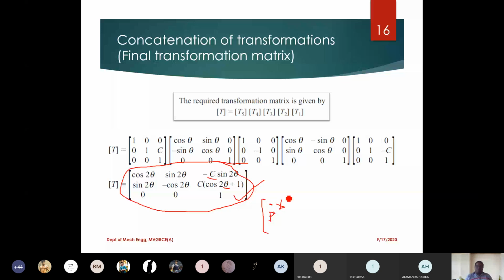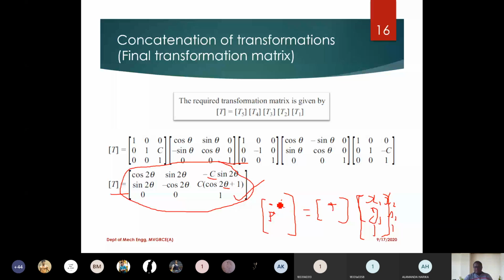In the present question, the original object has 5 points, right? So here you will have x1, y1, 1, x2, y2, 1, x3, y3, 1, x4, y4, 1, and so on. Here also, all the corresponding new reflected coordinates you get as a final matrix.